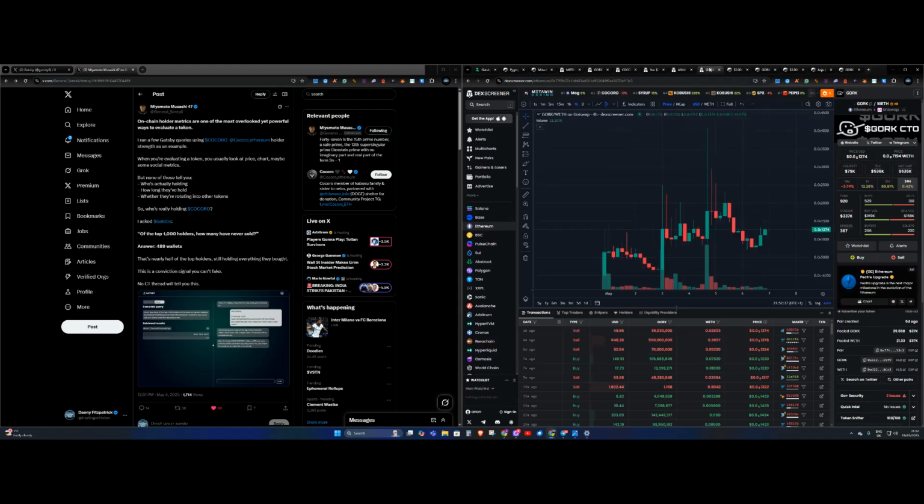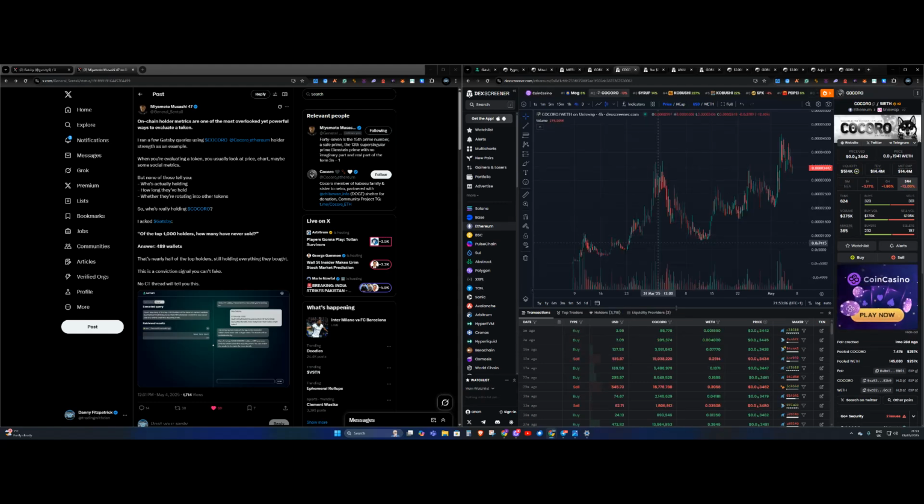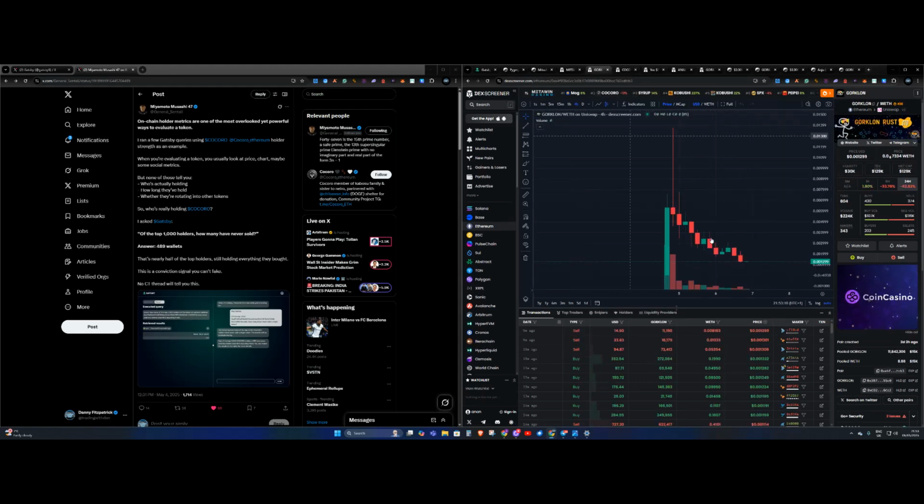But so far as a potential trade here, sitting at half a million market cap, could it go to 40 million like this one? It potentially could. So the chart is not looking bad.